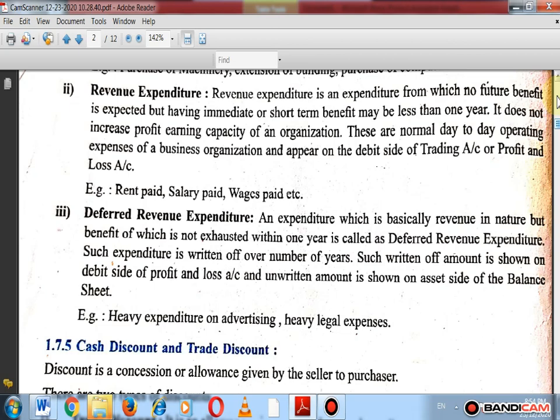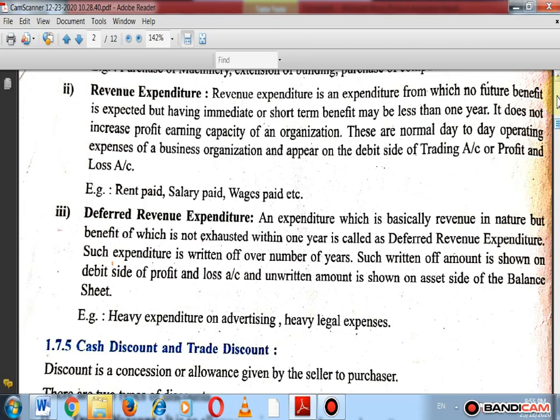For example, rent paid, salary paid, wages paid, etc. are called revenue expenditure. The third one is deferred revenue expenditure: an expenditure which is basically revenue in nature but the benefit of which does not exist within 1 year is called deferred revenue expenditure. Such expenditure is written off over a number of years.